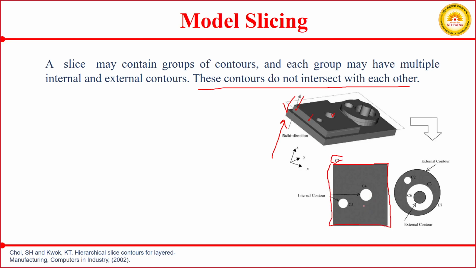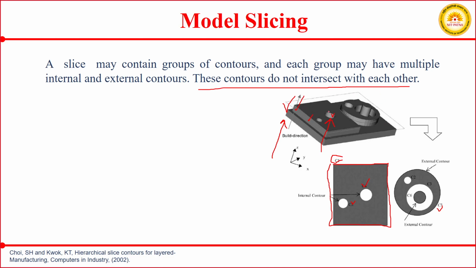Then on C1 we have these contours, named C2, C3, C4, C5, C6, and C7. These are the contours found when we move in the build direction. So you may find C2, C3, then C4, C5, C6, and C7.